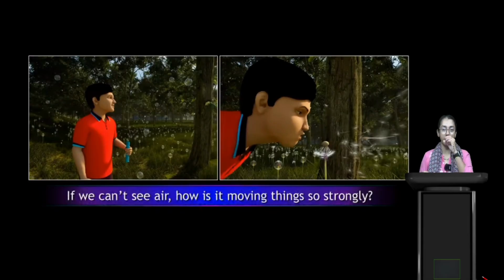See, in our environment also, when it is so windy or the wind is blowing, what we can see is that the big trees, the branches and the leaves of the trees are moving, right? So from this, the question comes: we generally are not able to see air, right?